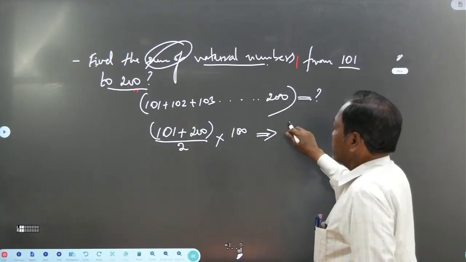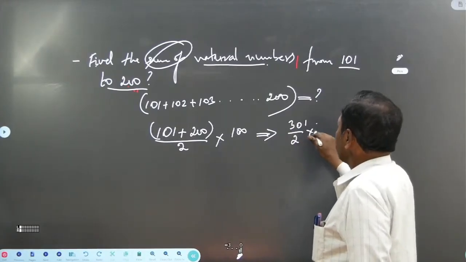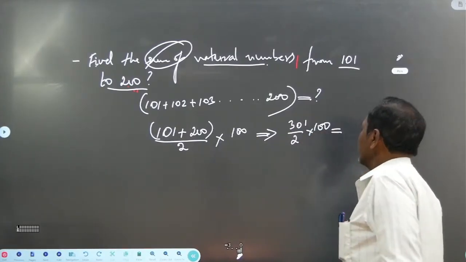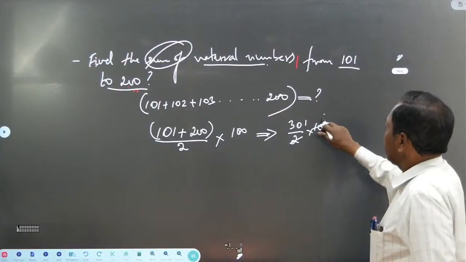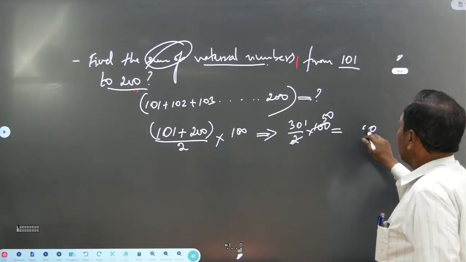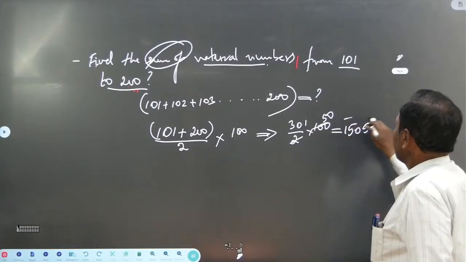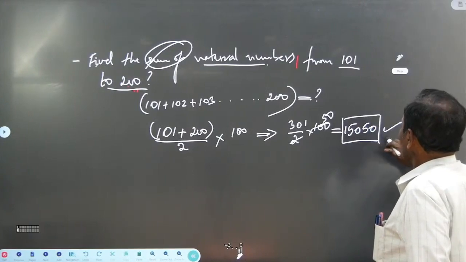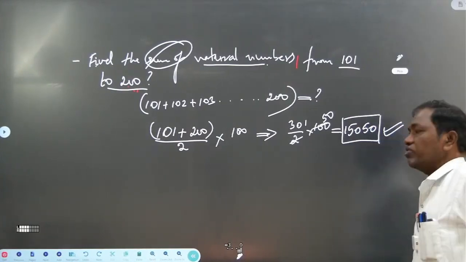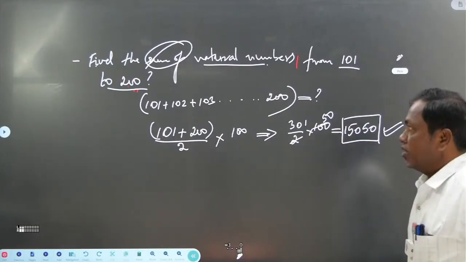So now 301 by 2 into 100. Now you can see, 0 you can keep, 5 ones are 5, 5 into 0, 0, 5 threes are 15. Right, 15,050. Application. Right.